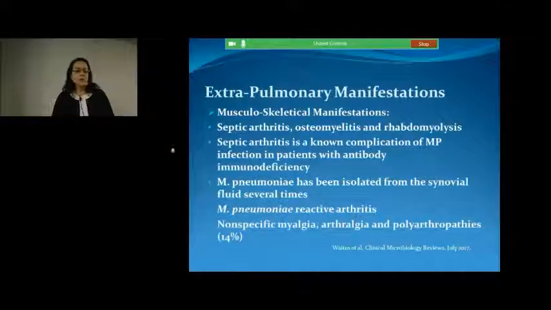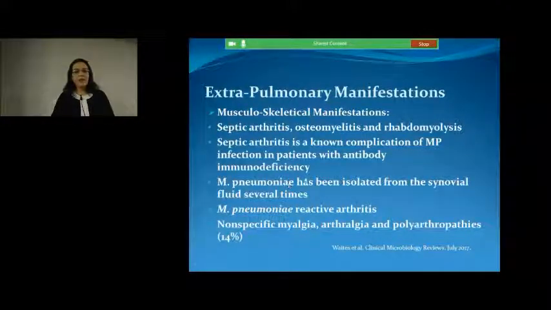Mycoplasma can cause musculoskeletal manifestations such as septic arthritis, osteomyelitis, and rhabdomyolysis. Septic arthritis is a known complication of Mycoplasma pneumoniae infection in patients with antibody immune deficiency.